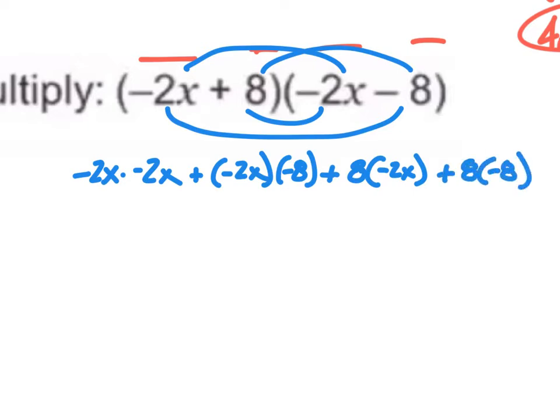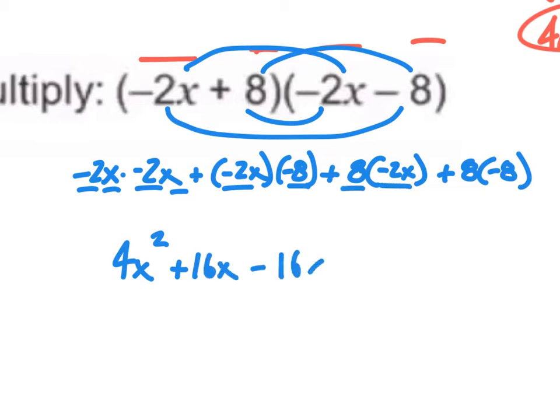If I take negative 2 times negative 2, it gives me positive 4. x times x gives me x squared. Negative 8 times negative 2 gives me positive 16x. 8 times negative 2 gives me negative 16x. And 8 times negative 8 is negative 64.